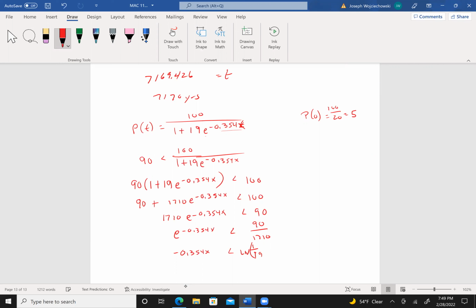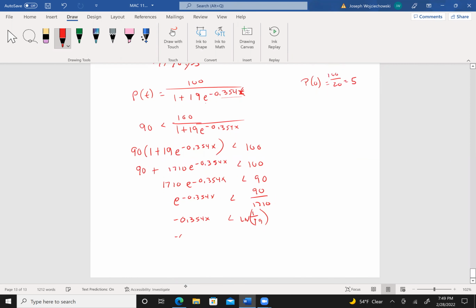The natural log of 1 divided by 19. So negative 0.354x. When is that going to be less than the natural log of 1 over 19? And we're actually going to divide here to get x over negative 0.354.